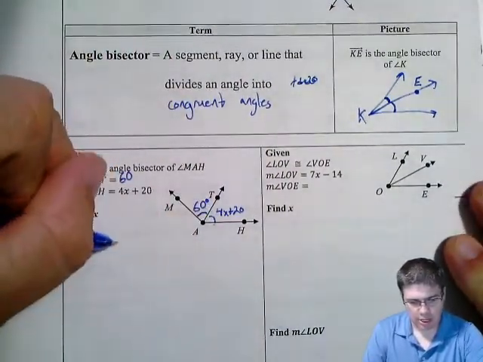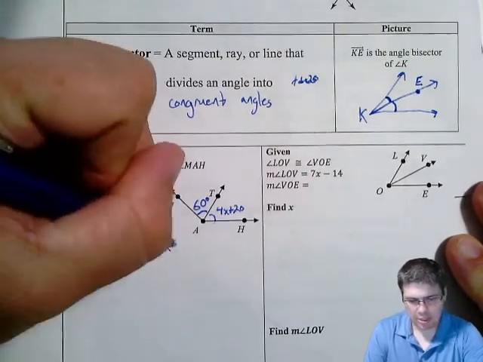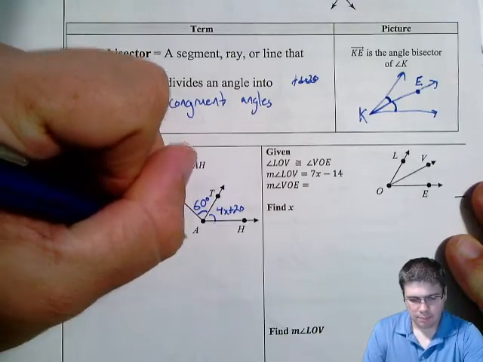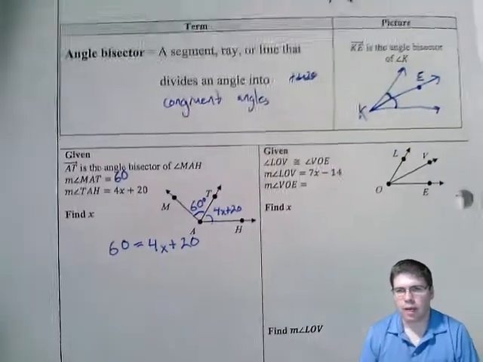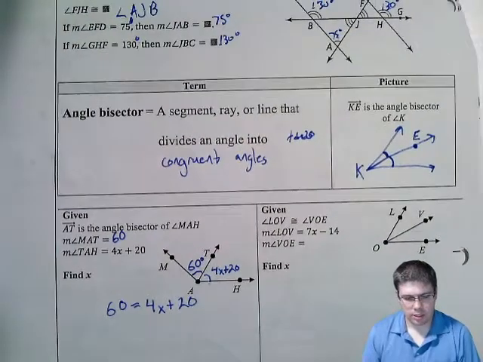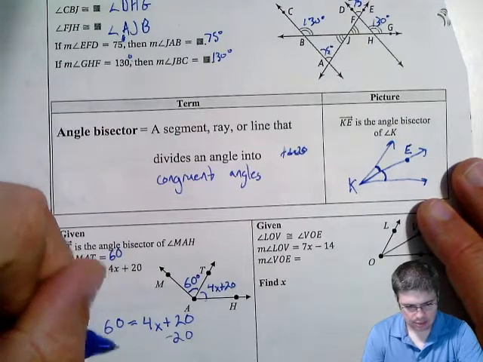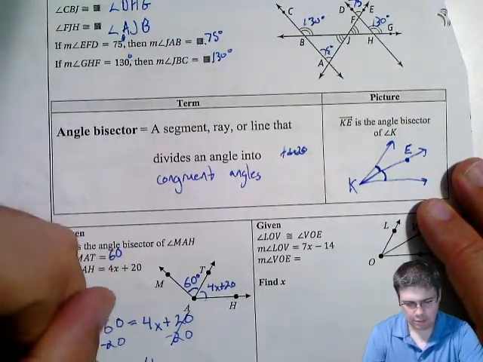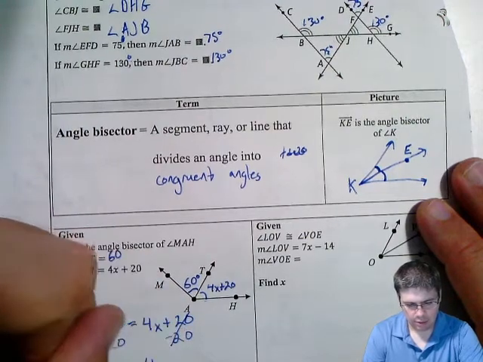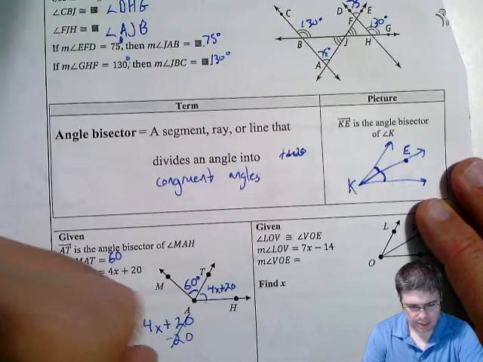So we can solve for x by setting up an algebraic equation, similar to what we did with the segments. We know 60 is equal to 4x plus 20. So we subtract 20 from both sides, do our algebra, that cancels. So we have 4x is 40, divide by 4, and we get x is 10.